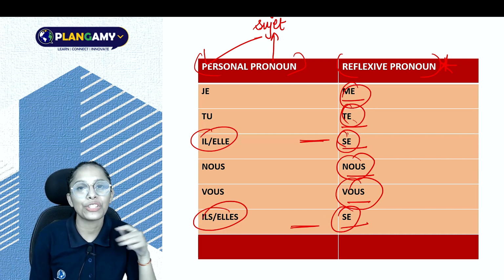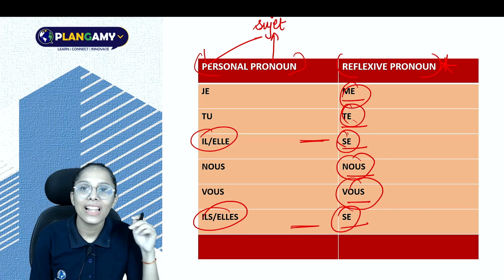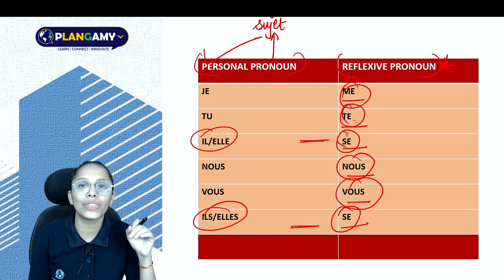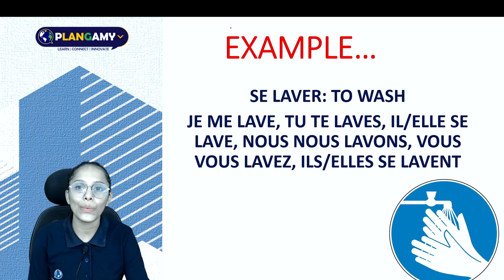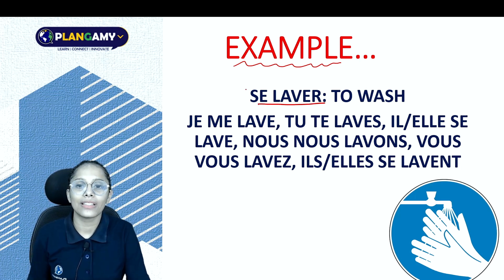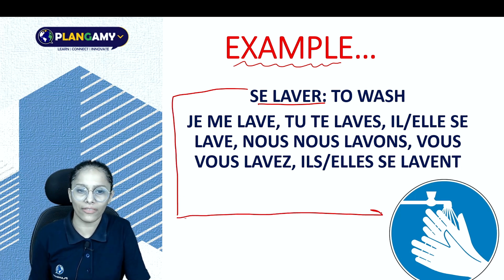Now, let's go further and jump into the detail of pronominal verbs. So now we have an example. Here we can see this example. Se laver. Now, I know that you don't know the meaning of se laver. It is a verb.